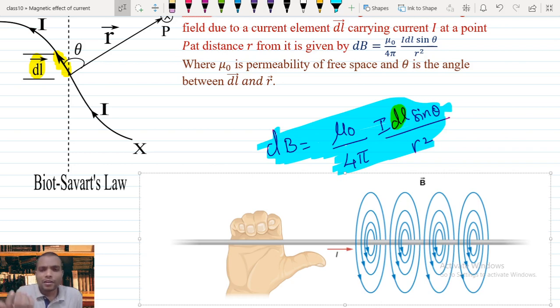So with your right hand, if you point your thumb towards the direction of current, the curl of fingers gives the direction of the magnetic field.